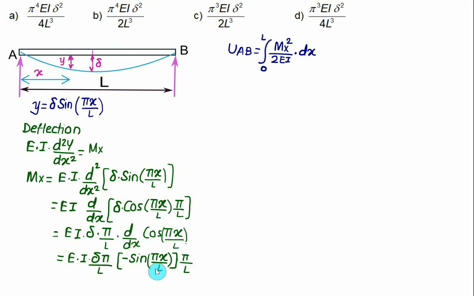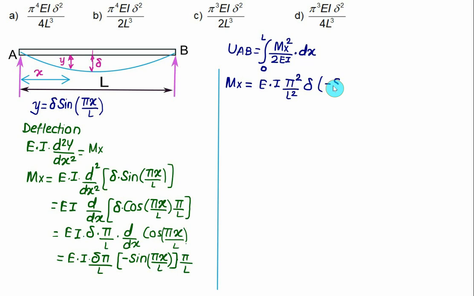So finally we are getting this answer as Mx equal to EI. We have π/L and π/L, so we have π²/L² multiplied by δ and minus sin(πx/L).